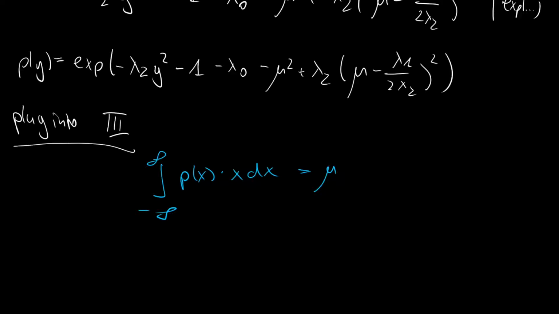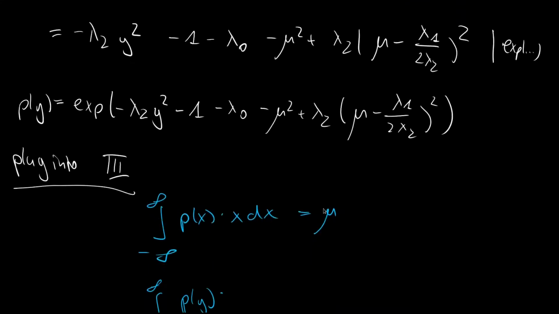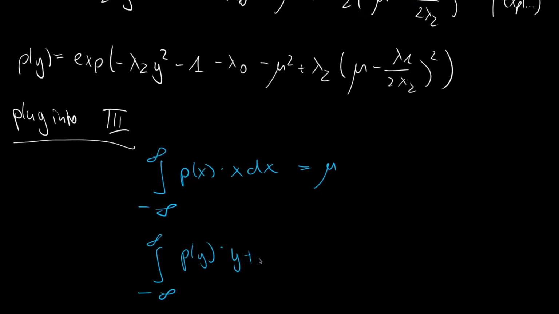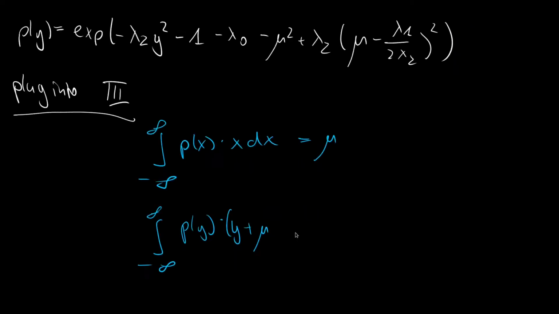And this will turn our constraint into the equation from minus infinity to plus infinity over p of y times, and then for x we had y plus mu minus lambda 1 over 2 lambda 2 dy, and this equals mu.